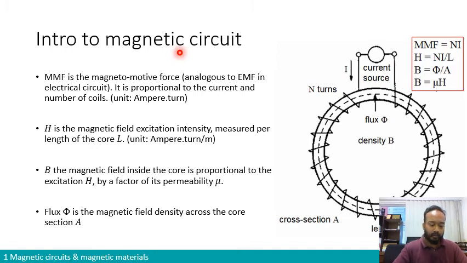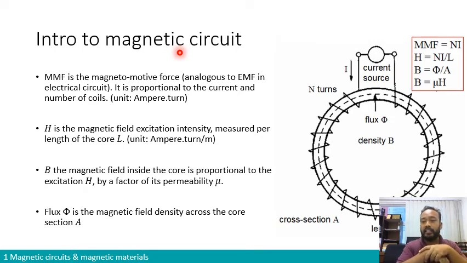So here, after defining all those terms like magnetic field, magnetic flux, flux density, MMF (magnetomotive force), magnetic field excitation H, and mu, the permeability of the material, we can now start to be introduced to the magnetic circuit.